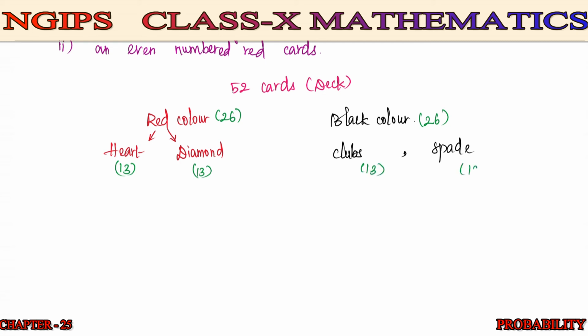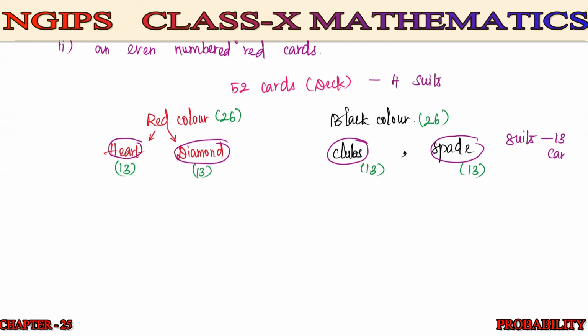This is very important. These subdivisions, heart, diamond, club, and spade, we used to call as suits. So we have totally 4 suits. Now each suit has 13 cards.